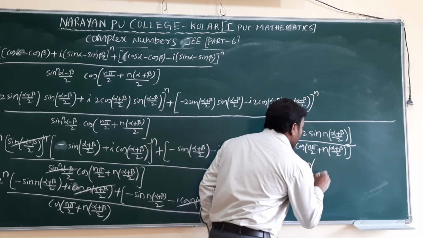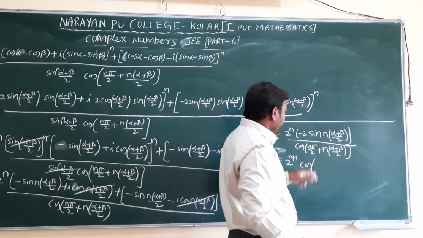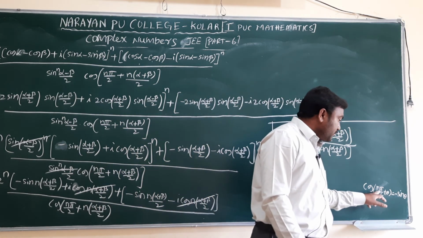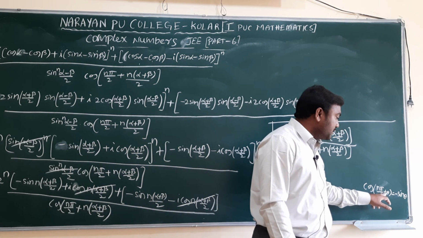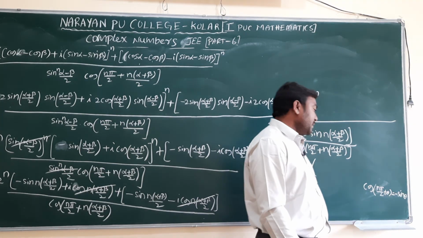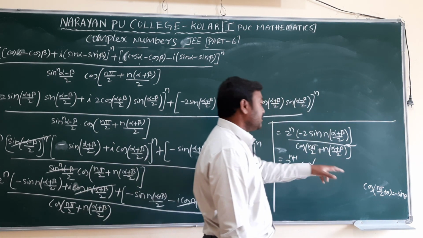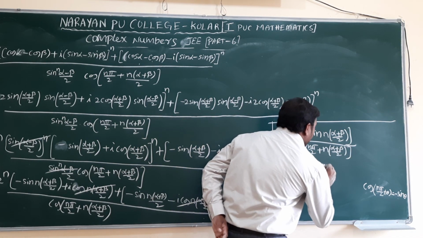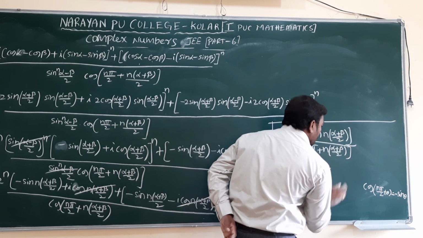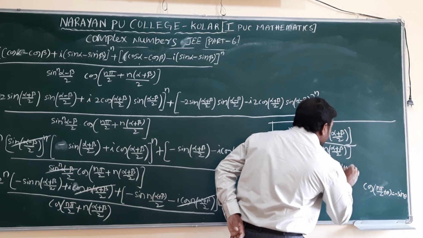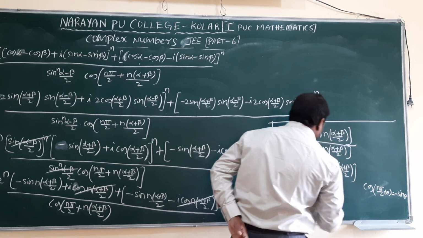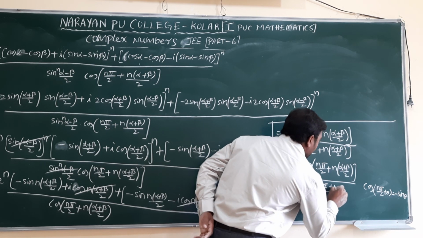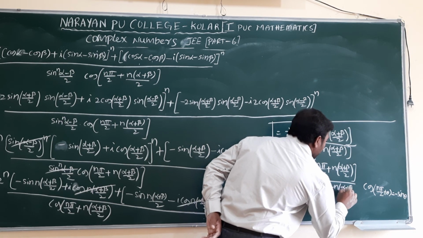Cos of (n pi/2 plus theta) gives the negative sign, minus sin theta, by the same formula, so the numerator becomes cos of (n pi/2 plus n(alpha plus beta)/2) divided by cos of (n pi/2 plus n(alpha plus beta)/2).